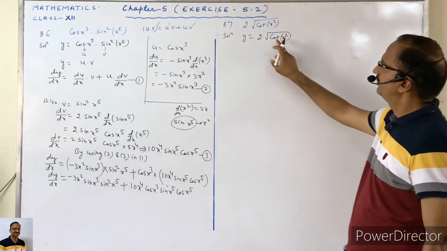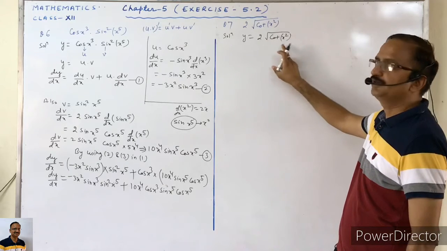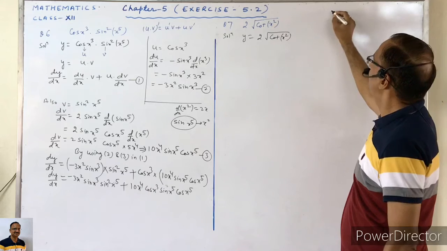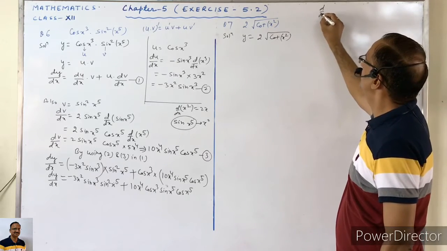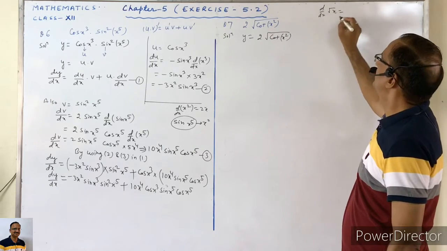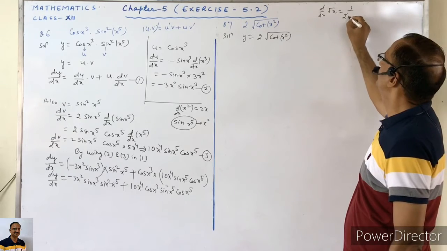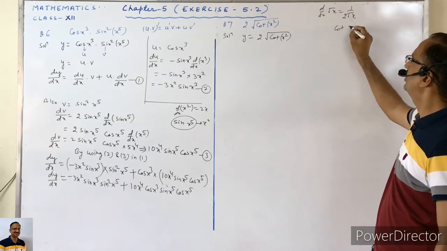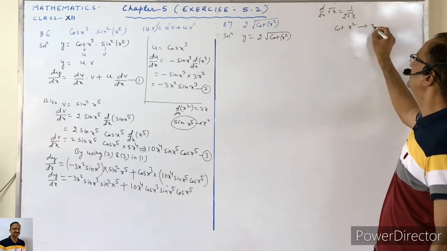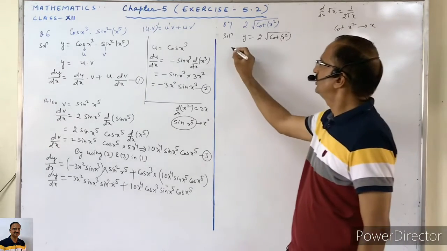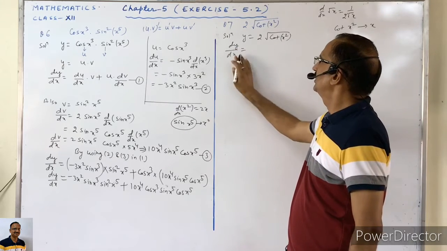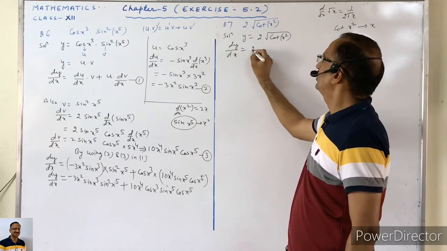Now we will treat this function in the square root as x, and we know that the differentiation of root x with respect to x is 1 by 2 root x. So we will treat this cot x square as x. So the differentiation of this is dy by dx. 2 is constant.